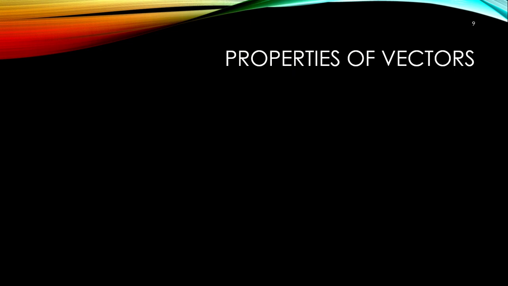And the properties of vectors. Vectors are very important in machine learning, so we should know the properties of vectors. The first and very important property of vectors is that we can add two vectors. Addition of two vectors is defined.